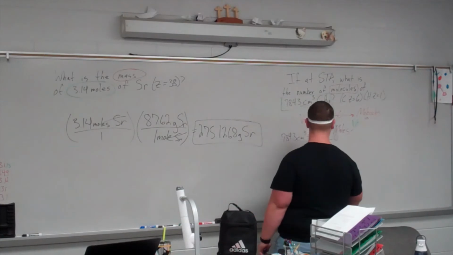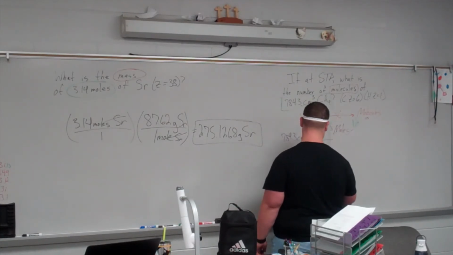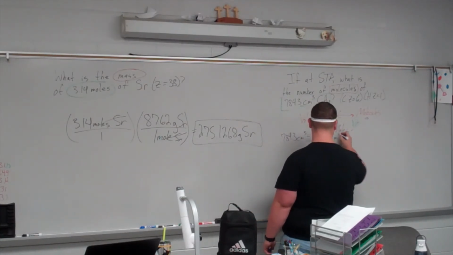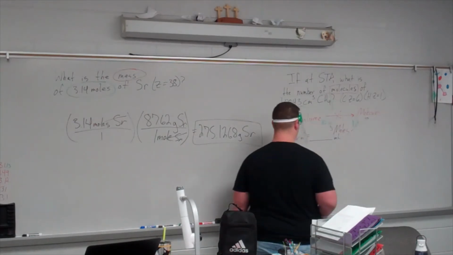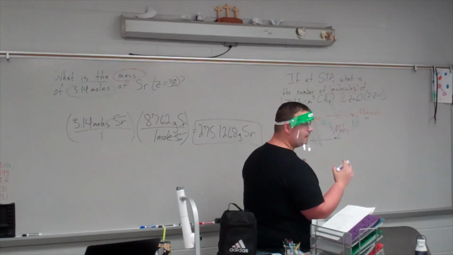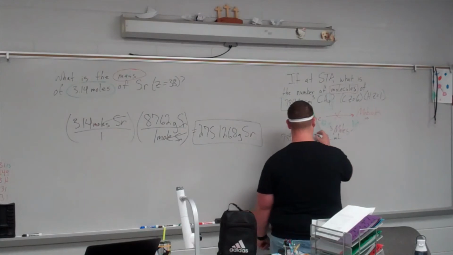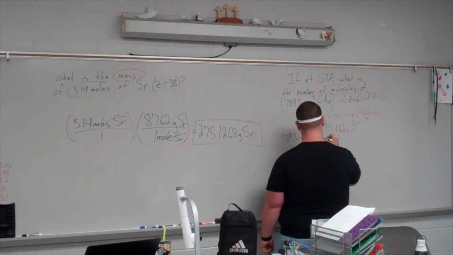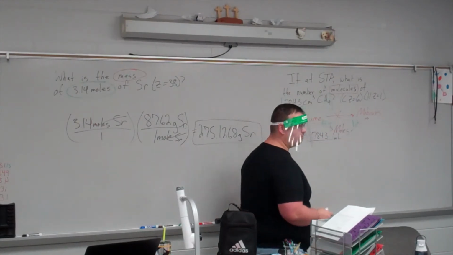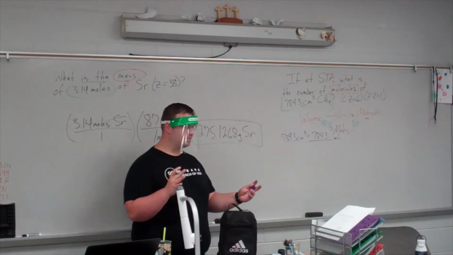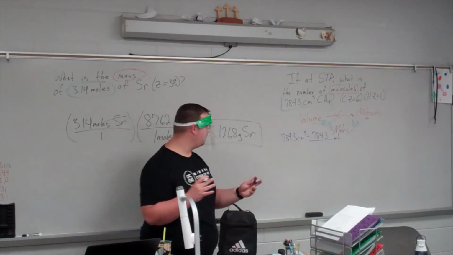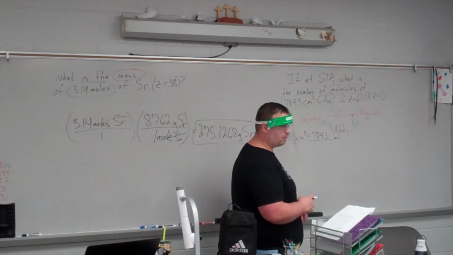For me to go to milliliters, this will be a good review. You copy and paste the number. Some of you on your quiz did not copy and paste the entire number. You just copied and pasted the first bit of the number.